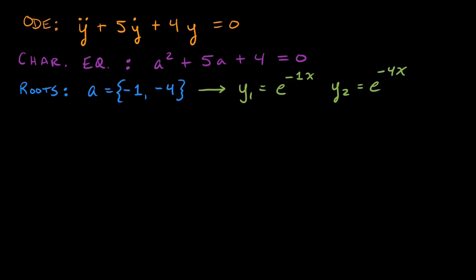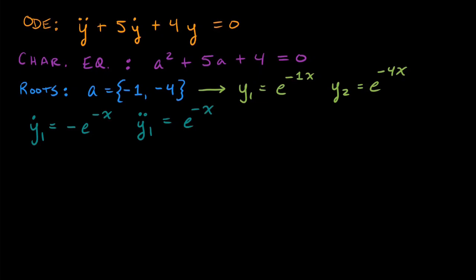Okay, so now we're going to plug these in and see what we get. First we have y1, so I'm going to compute y1 dot. It's just going to be -1 e to the -1x, which I'll write as -e to the -x. I won't write the 1 explicitly. Then y1 double dot: I bring down another -1, so I get back to e to the -x.